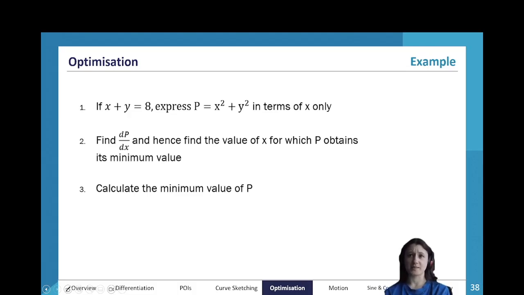So in a lot of optimization questions, you'll get something similar to this to begin with, where you'll have like three variables. You'll have like the thing that you want to maximize or minimize. So here at P, I'm not sure what that is, but we need to find the minimum value of it later on. So you'll have the value that you need to minimize or maximize, and then you'll have two other variables, and usually you want to kind of like get rid of one almost.